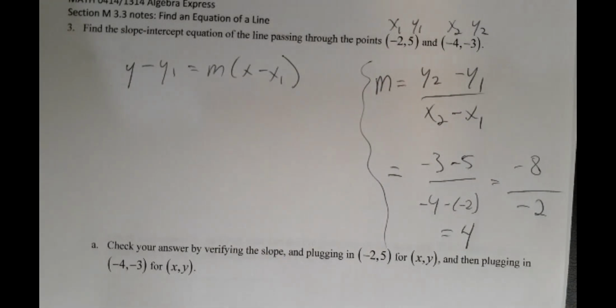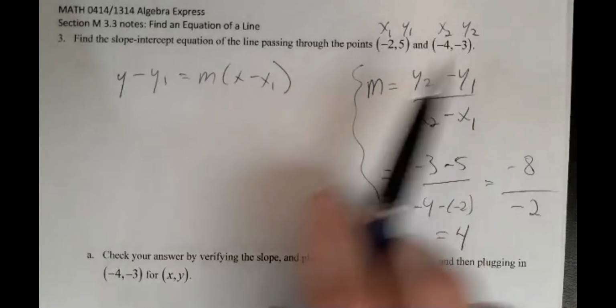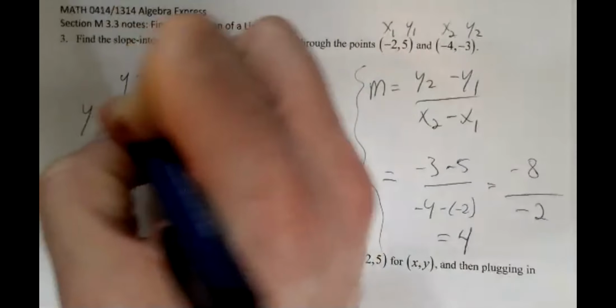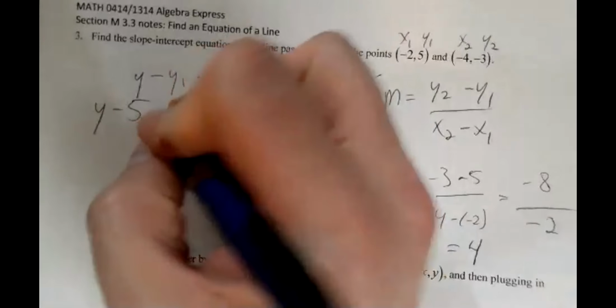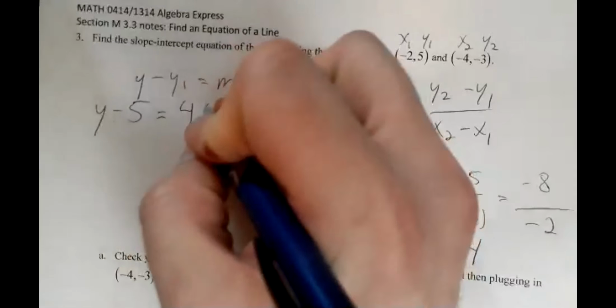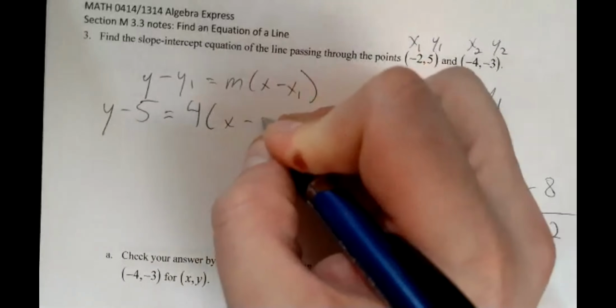Okay. So now I have a point. I have 2 points actually. But I'm going to look at this first point. So y minus 5, and I'm doing x minus x1, which looks like x minus a -2.